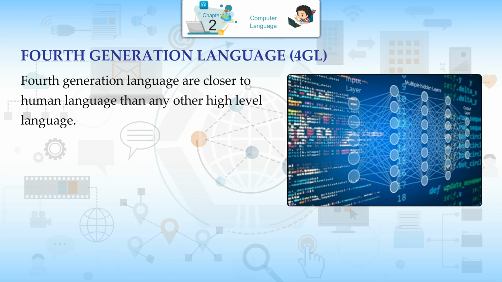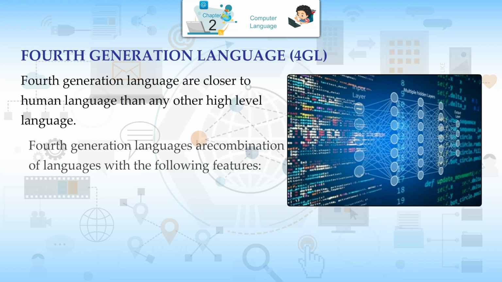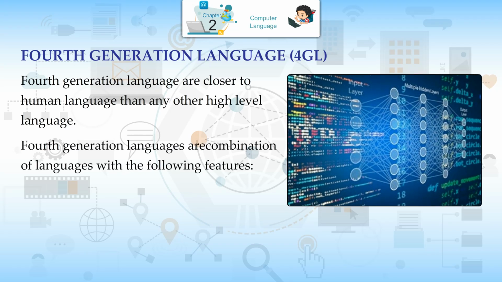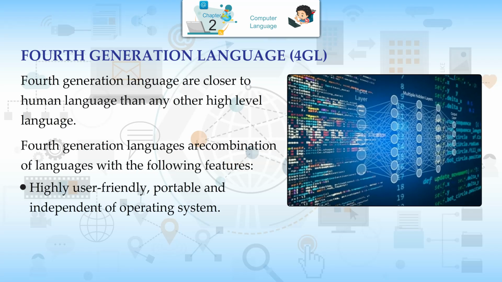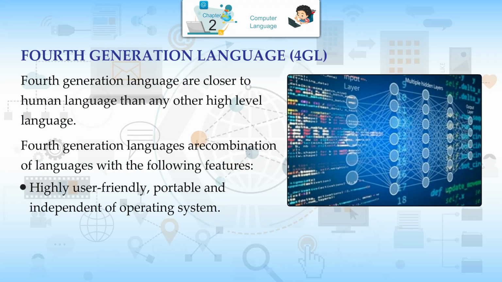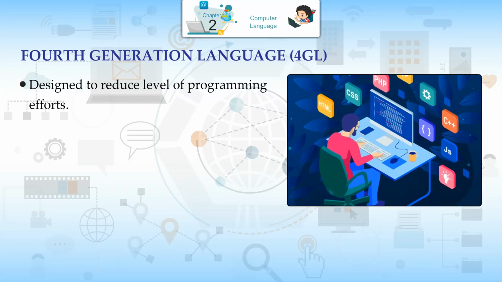Fourth generation language, 4GL. Fourth generation languages are closer to human language than any other high-level language. They are a combination of languages with the following features: highly user-friendly, portable, and independent of operating system. Very high speed of execution.